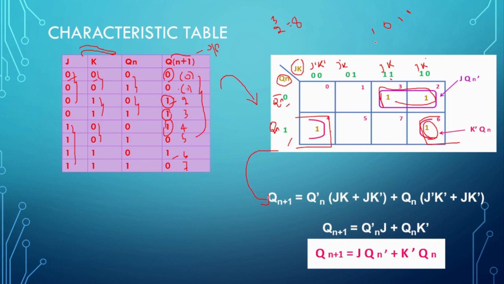Okay, then for this one, what will be the Qn value, 0, and what will be the K value, 1, the J value is 1, and the K value is 0. So this is the Qn value, this is the J value, this is the K value, right? So I find the equation for the first group.